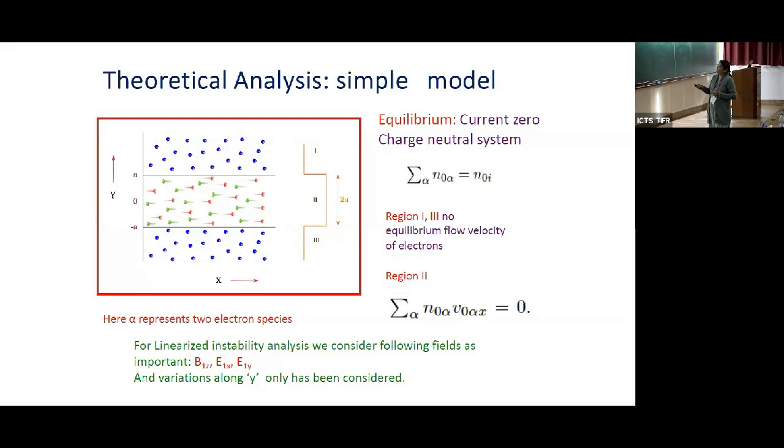And then we perturbed only the change in the y direction, ky was chosen to be finite, because that was what we saw happening in the PIC simulation. These 3 parameters were chosen to be perturbed; this is the x-axis, this is y, and this is z.